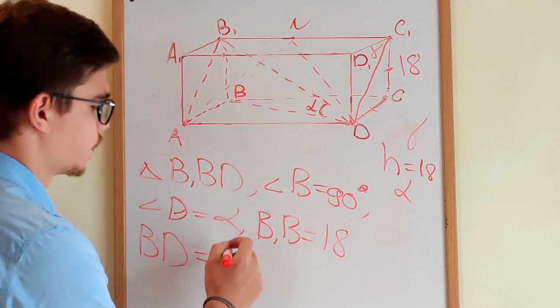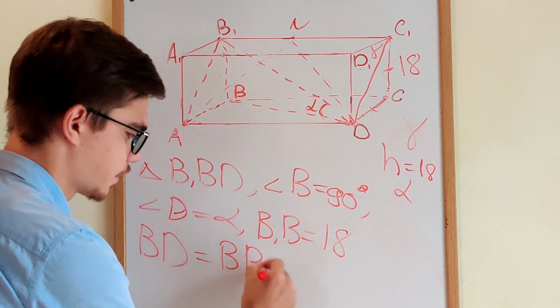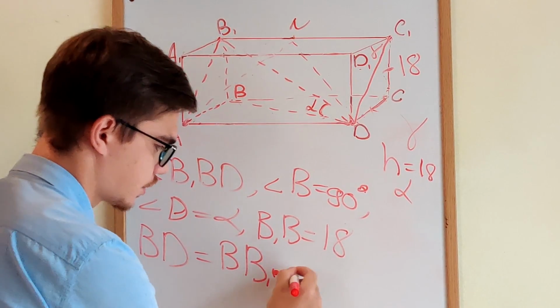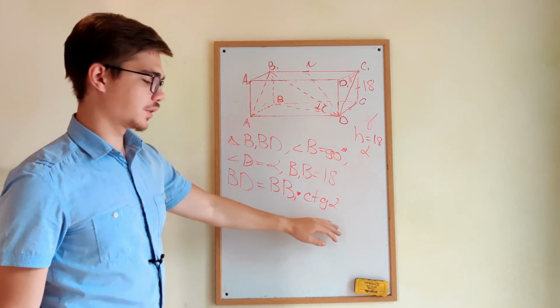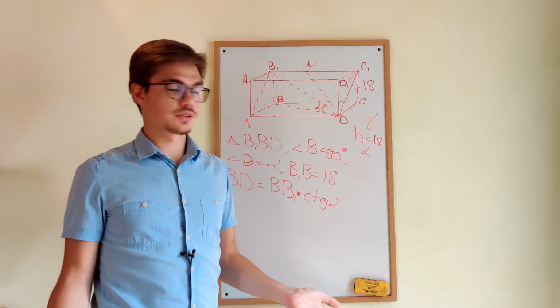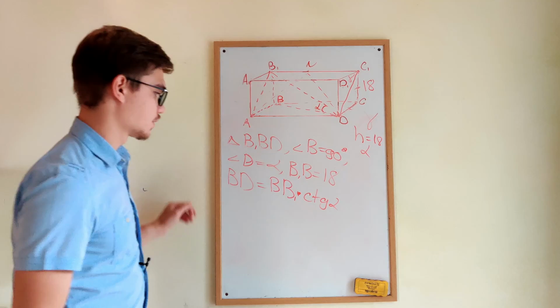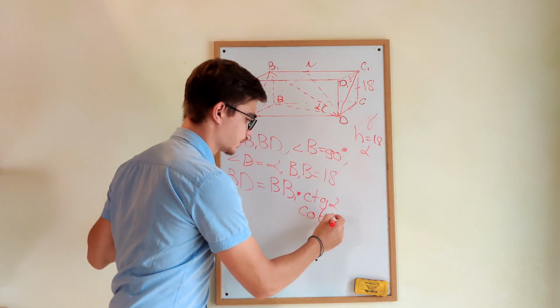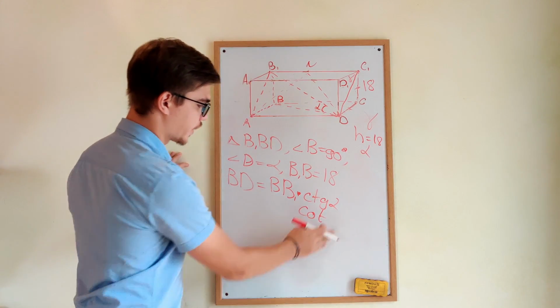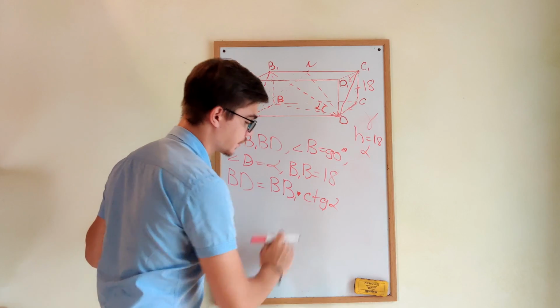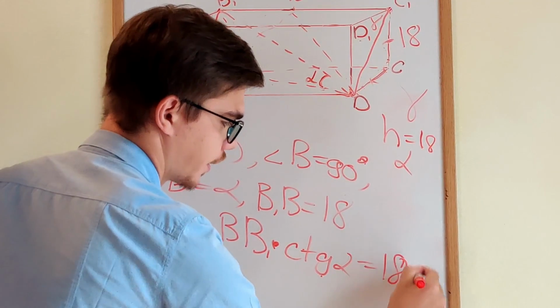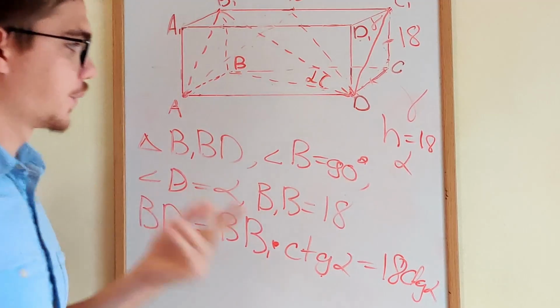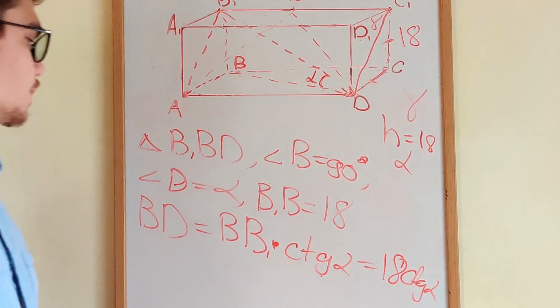So BD is equal to B1B times the cotangent of alpha. Now, I'm going to write the cotangent as CTG because this is what we do in Ukraine. I know it's written something like cot in the West, but I'm going to do what I'm familiar with. B1B is 18, we know it. And cotangent alpha we also know because we're given the angle alpha.